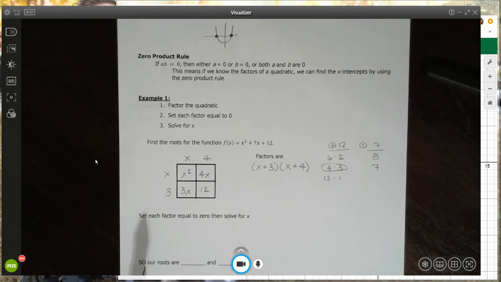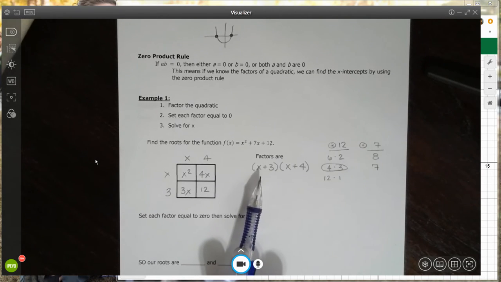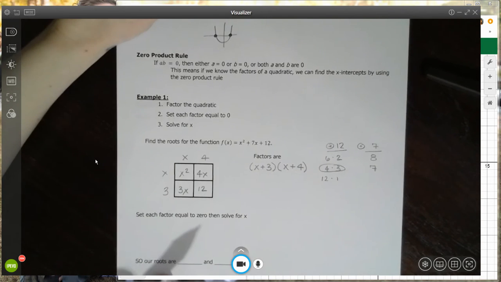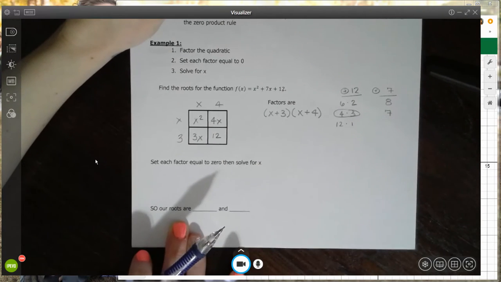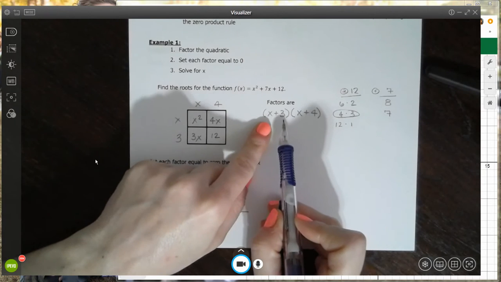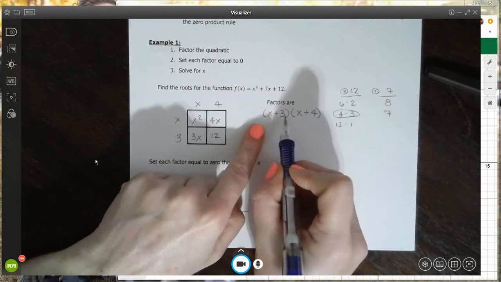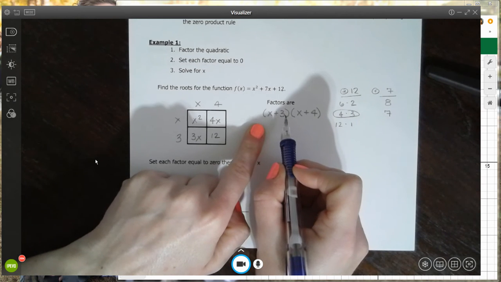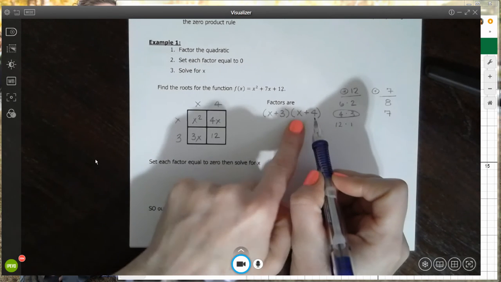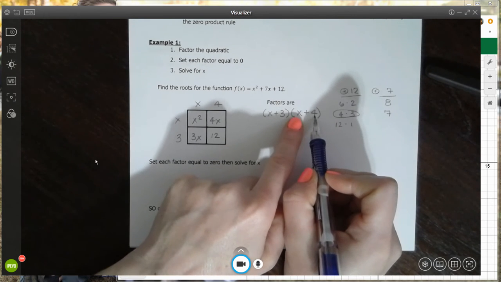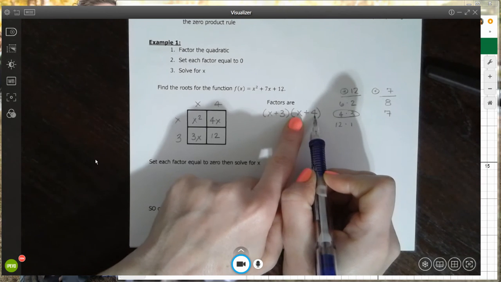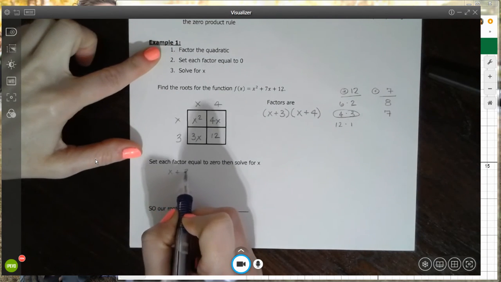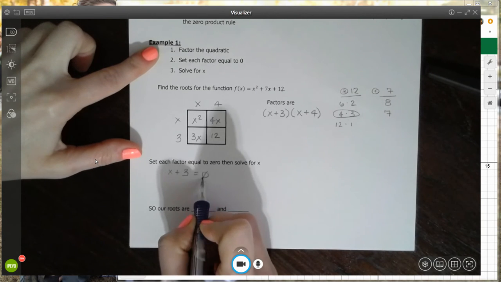So I'm going to take both of my factors, x plus 3 and x plus 4, and I'm going to set each factor equal to 0, because it is possible that this set of parentheses is the thing that turns out to be 0, or this set of parentheses is the thing that turns out to be 0. So I'm going to take x plus 3 and set that equal to 0.